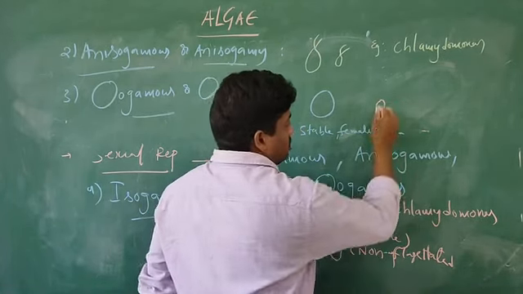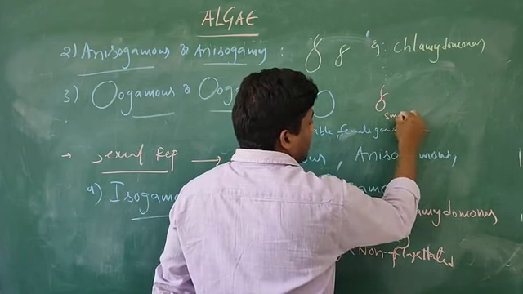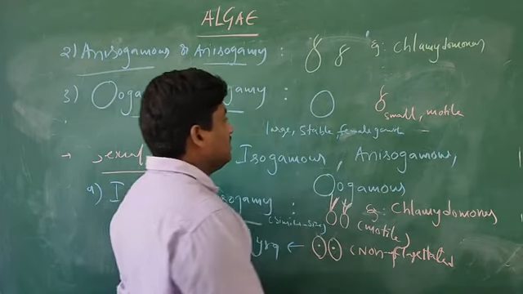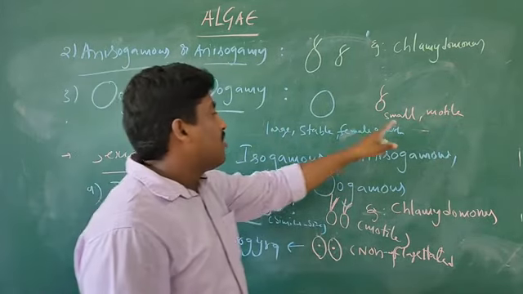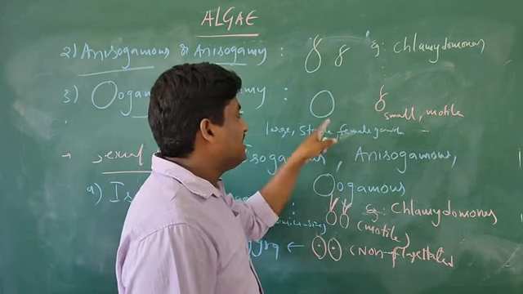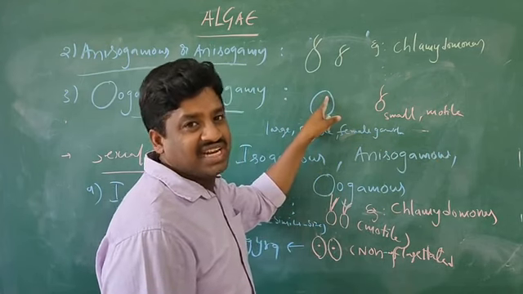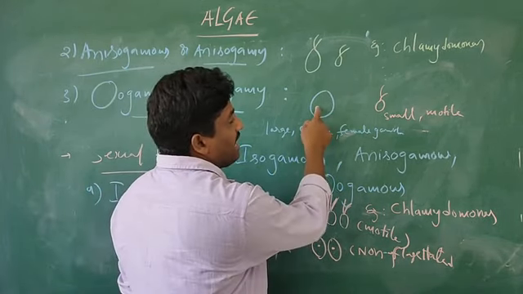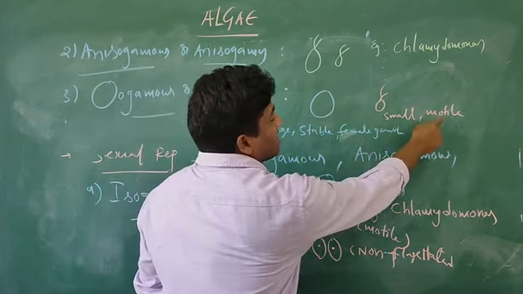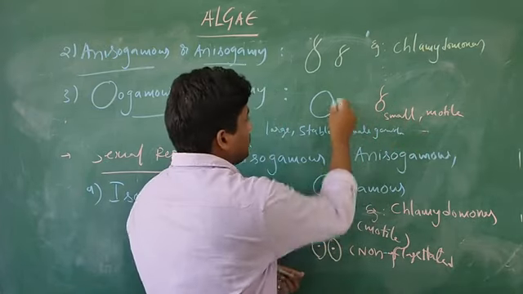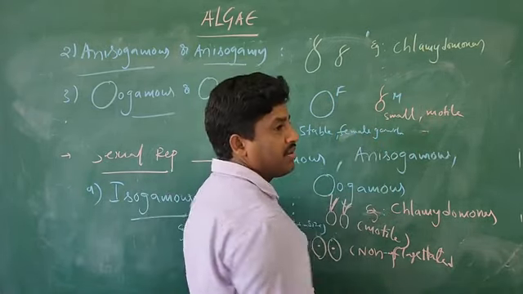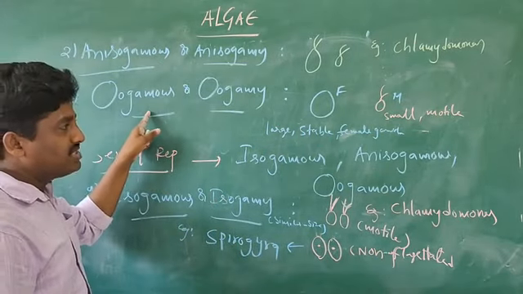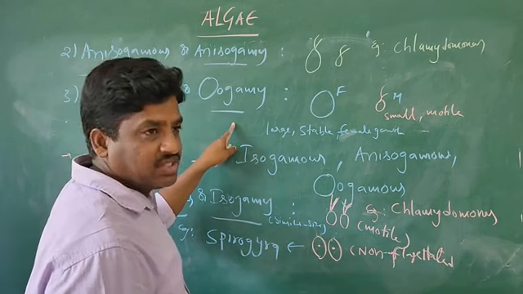How is it present? Small, these are small and motile. Okay, the male is very small and motile, while the female is not motile. Why? Because there is no flagella, so that's a stable, stationary condition. The fusion between a large stable female gamete and a small motile male gamete, such a fusion we call oogamous, or oogamy.